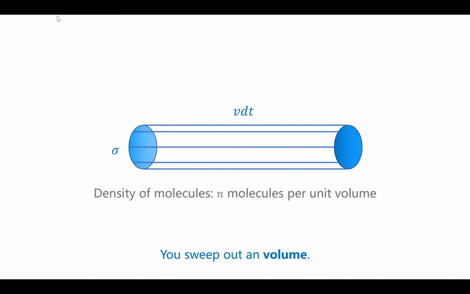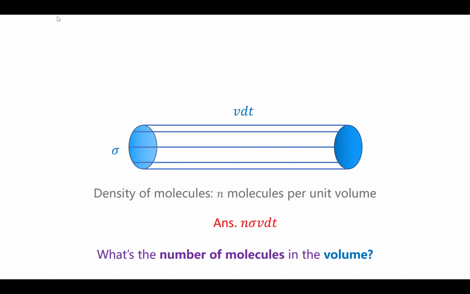Also, we will suppose that the density of molecules is n. That is, there are n molecules per unit volume. The question is, what is the number of molecules in this volume? It's actually pretty easy to understand. There are n molecules per unit volume, while the volume of this cylinder is sigma times v dt. So the answer is n sigma v dt.